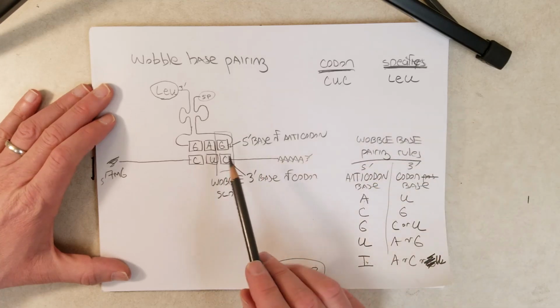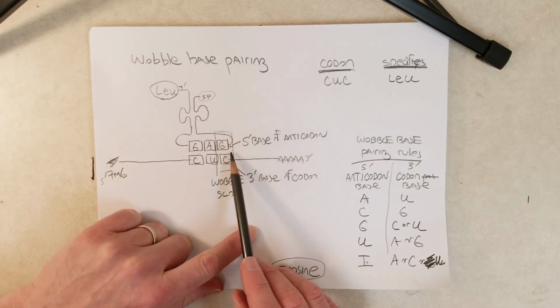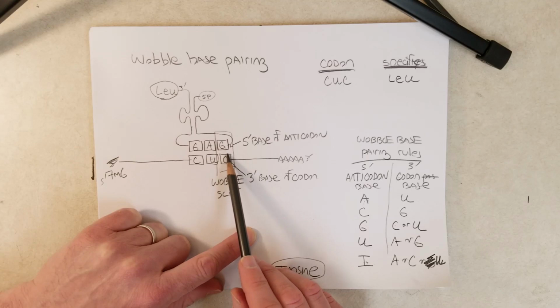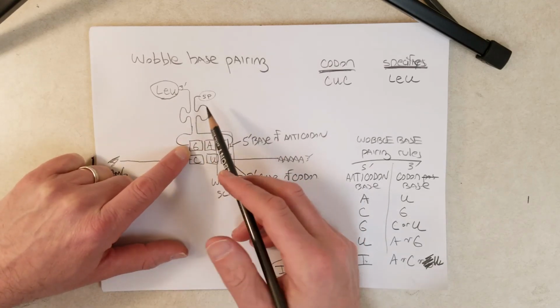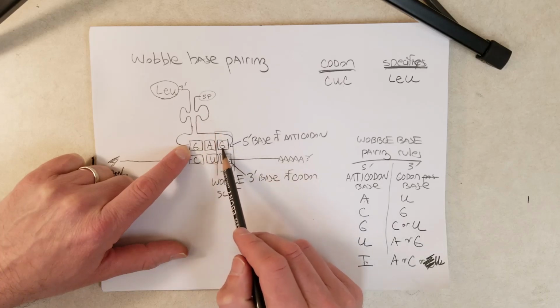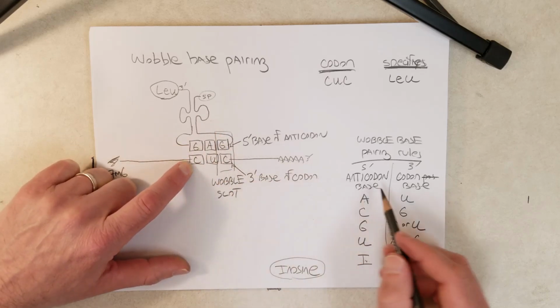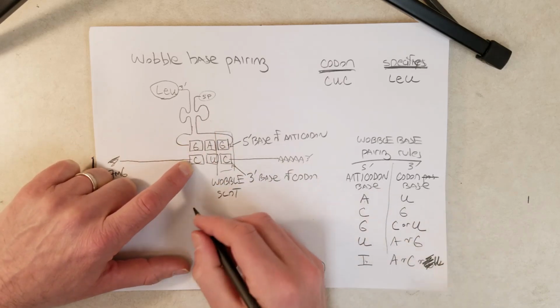Okay, so what that means is we can get non-standard base pair interactions here. For example, this tRNA with the GAG can also recognize, let's take a look, CUU.